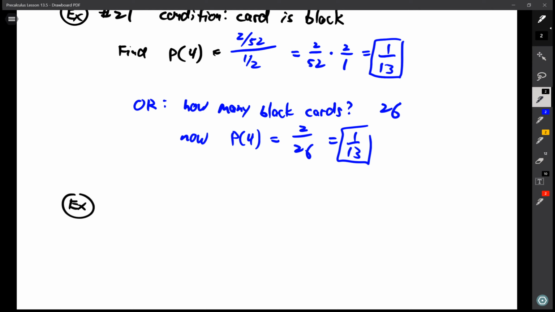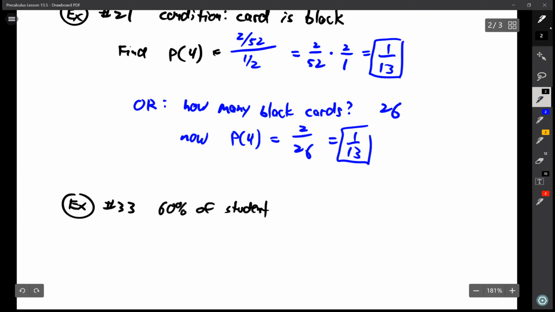And this is number 33. We have a homeroom where 60% of the students have brown hair.